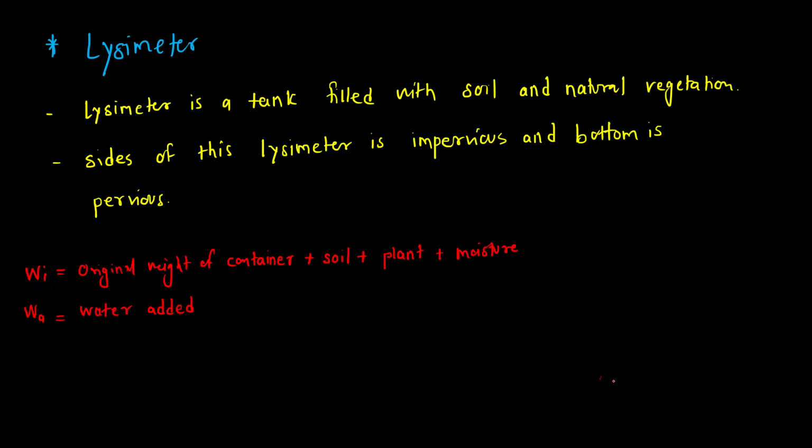How can it get collected at the bottom? Because, as the second point says, the sides of the lysimeter are impervious whereas the bottom is pervious. That means the water cannot flow laterally, it can only flow vertically downward. So we get the water collected at the bottom, which we name Wb, water collected at bottom.